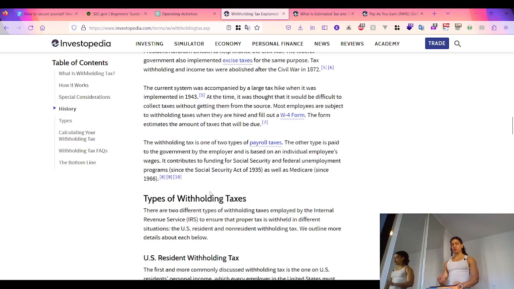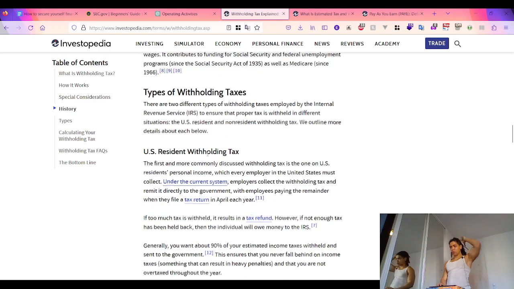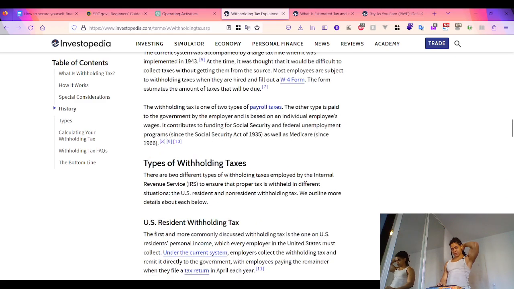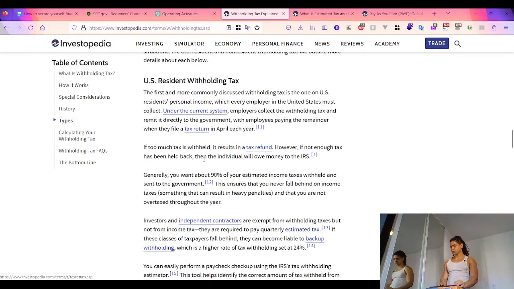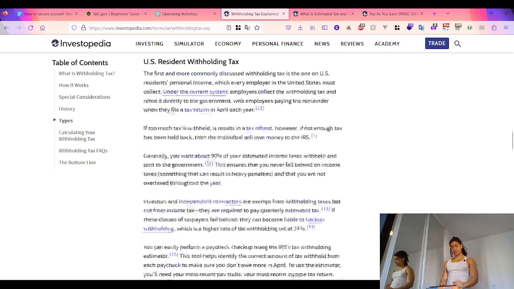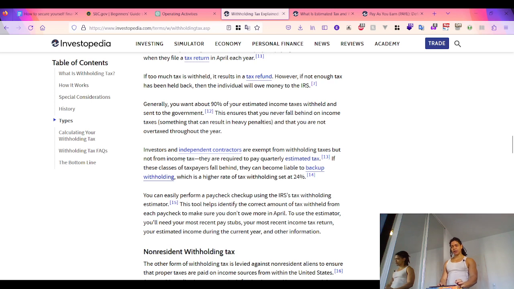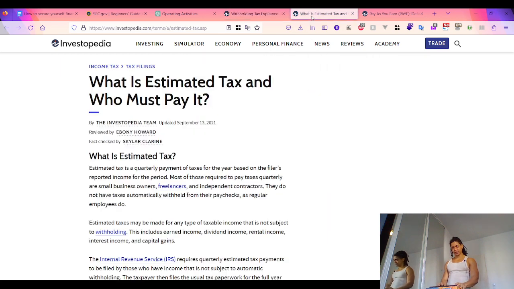If you're not an employee, and you're an independent contractor, a trader or an investor, you are exempt from this, but you are required to pay quarterly estimate taxes.